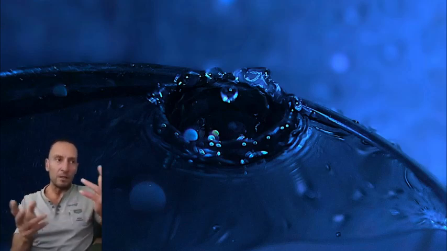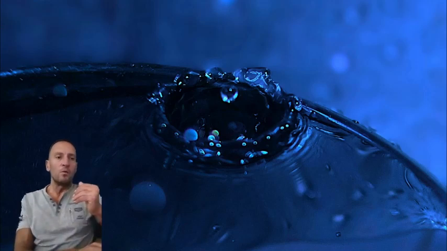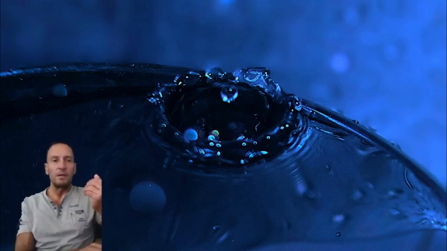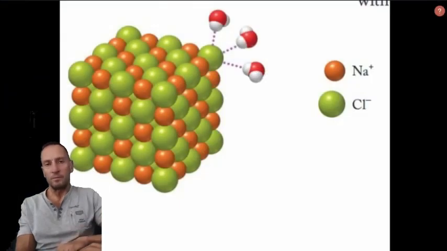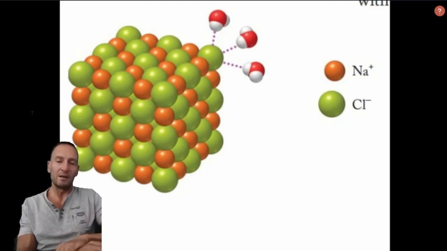All right, then comes a question now. We know very well that salt is dissolved in water. Everyday experience: otherwise the food will taste bland if we don't salt it.